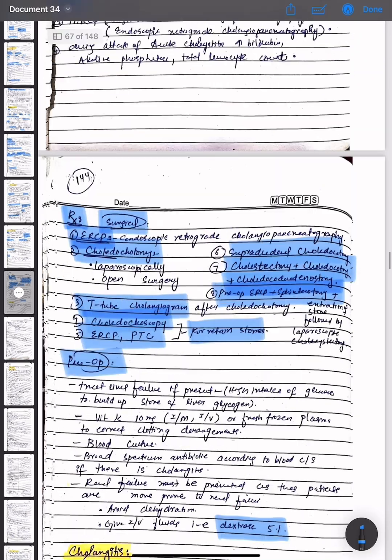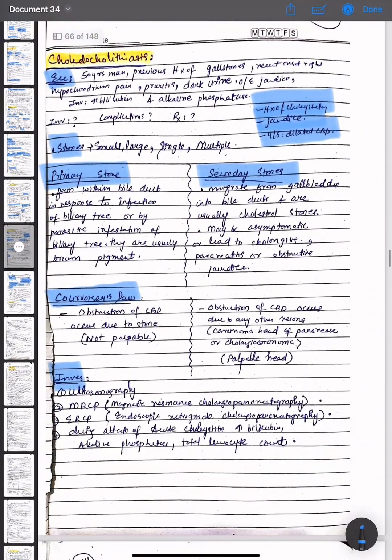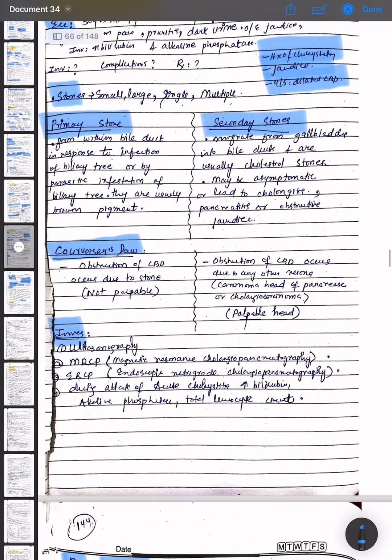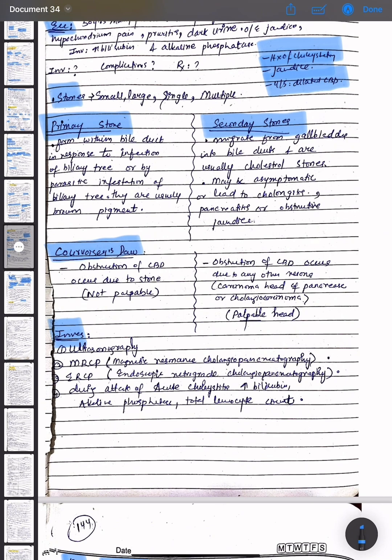Okay, so we have discussed choledocholithiasis. We had a scenario, then the diagnostic points: history of cholecystectomy, jaundice, and ultrasound showing a dilated common bile duct. Then we have the different types of stones, primary and secondary. Then Courvoisier's law, which states in which cases the gallbladder will be palpable and in which it will not.